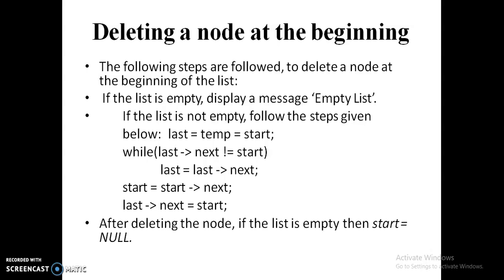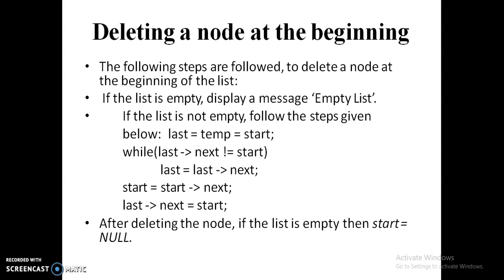Once it reaches the ending, then we are deleting a node. Start equal to start of next. That is, we are changing the value of the start pointer as start equal to start of next. That is, the next node of the starting node is assigned to the start.